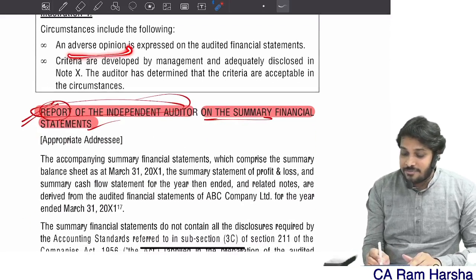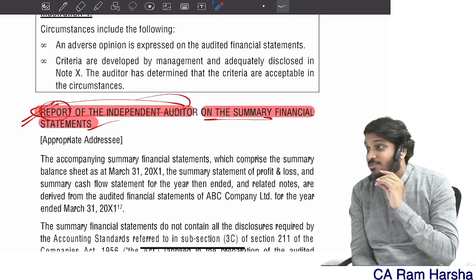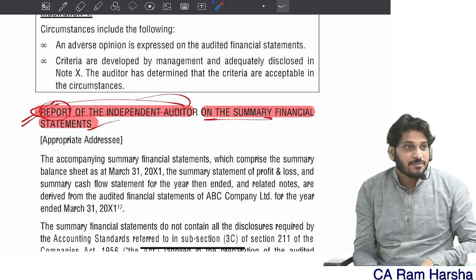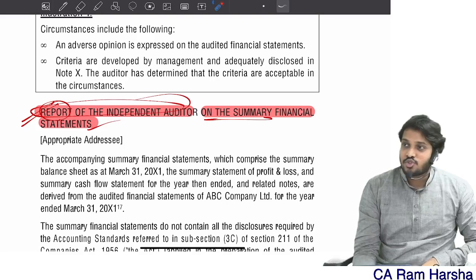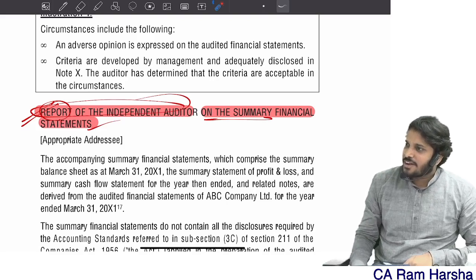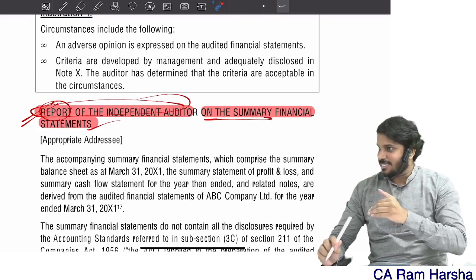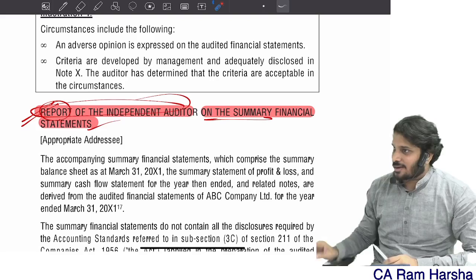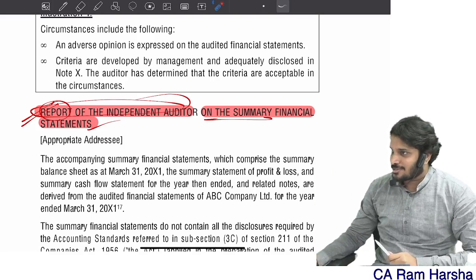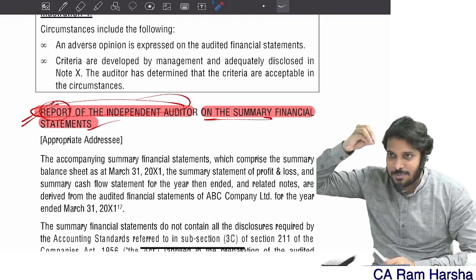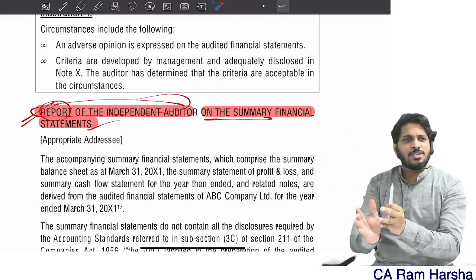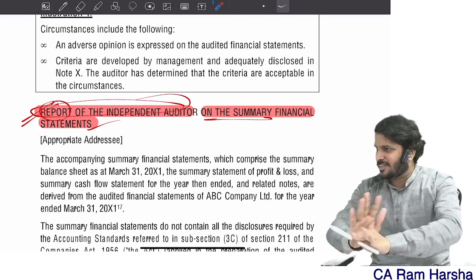Now look at the magic. Suppose on the audited financials, the auditor gave an adverse opinion, and the summary is also matching. Adverse means what? They are not true and fair. Wrong financial statements containing a completely wrong picture. The summary is also exactly describing the same wrong picture without any deviation.